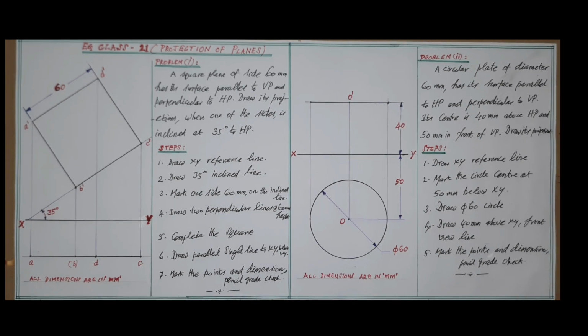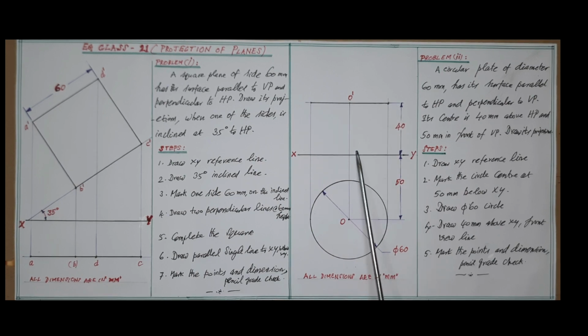Now the front view is easier, because we just project the diameter ends of the circle, whose diameter line is parallel to XY as shown. Since it is 40 millimeter above horizontal plane as given, for the front view it has to be marked at 40 millimeter height from XY.